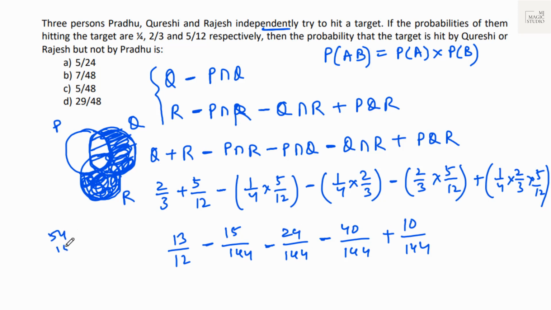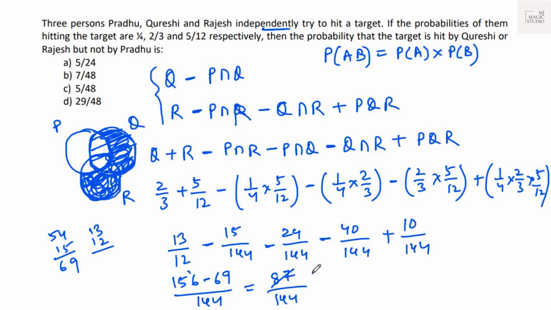30, 54 and 15, 69. 13 into 12 is 156. 156 minus 69 by 144, so 87 by 144.